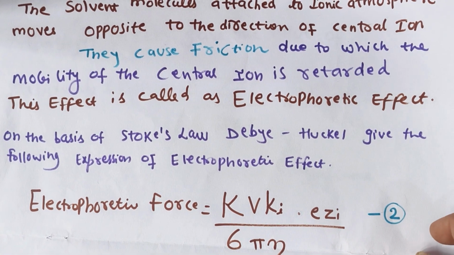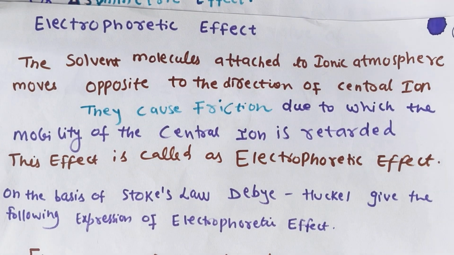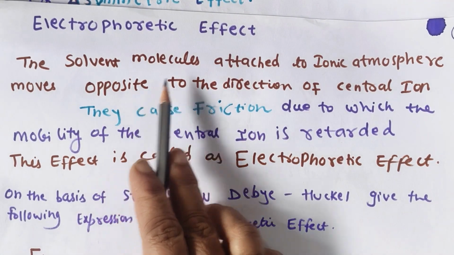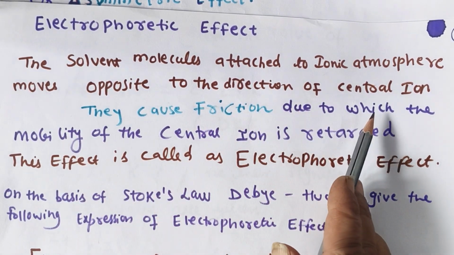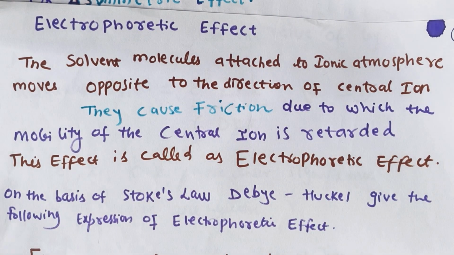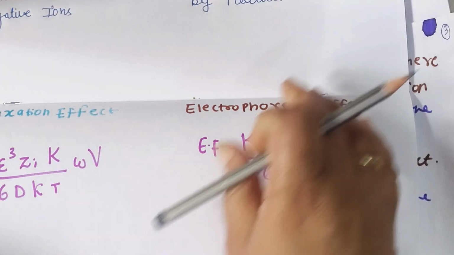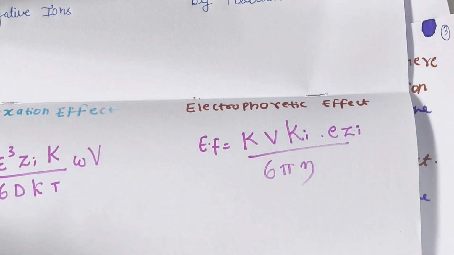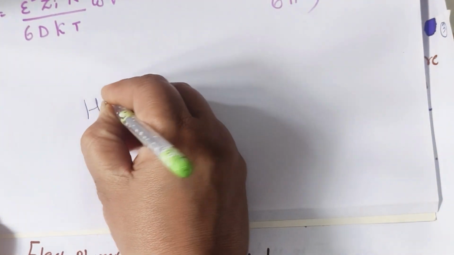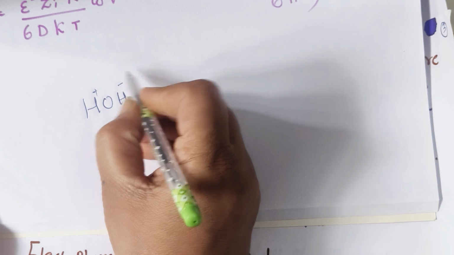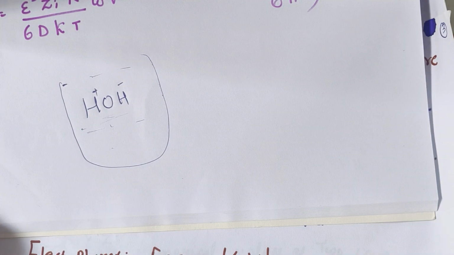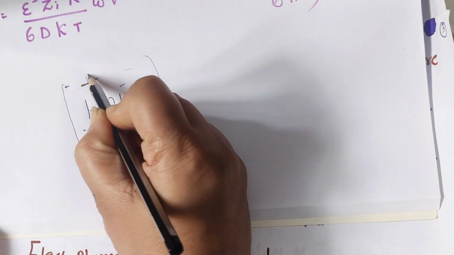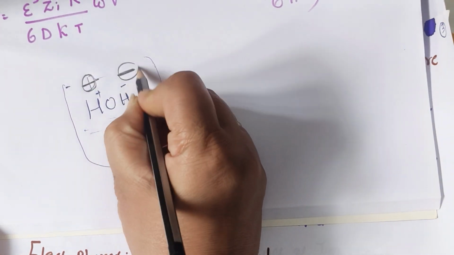In the electrophoretic effect, the solvent molecules attached to the ionic atmosphere move opposite to the direction of the central ion. To understand this, suppose we have a solvent like water, with H plus and OH minus ions, and there are a lot of solvent molecules, and we have taken a strong electrolyte, which is completely ionized.